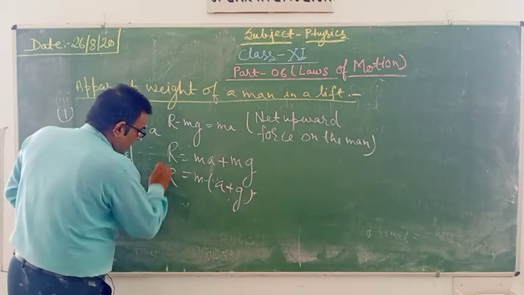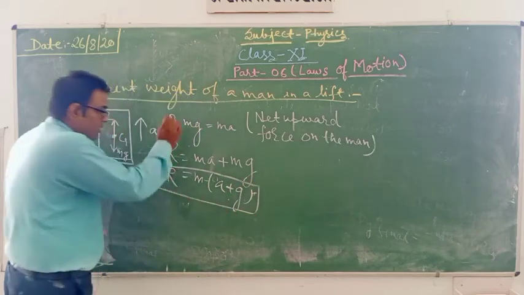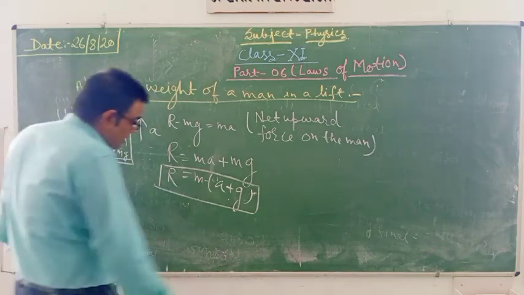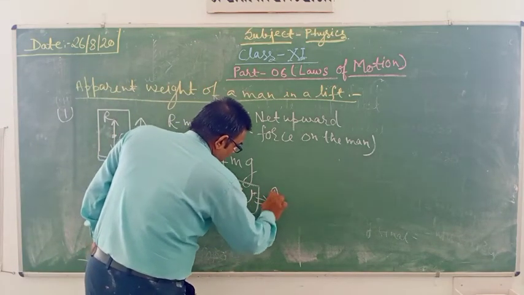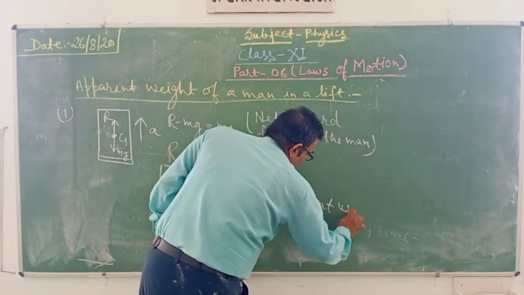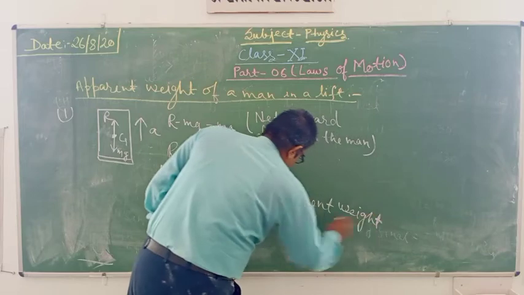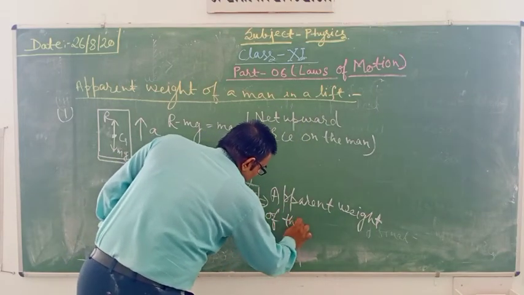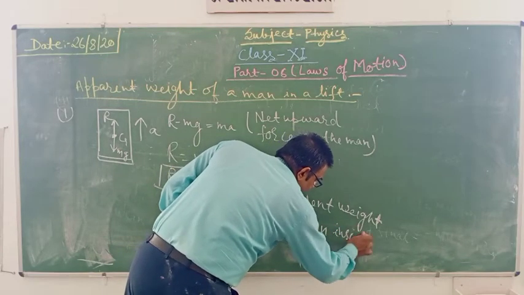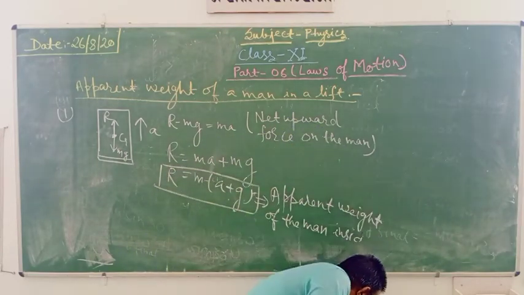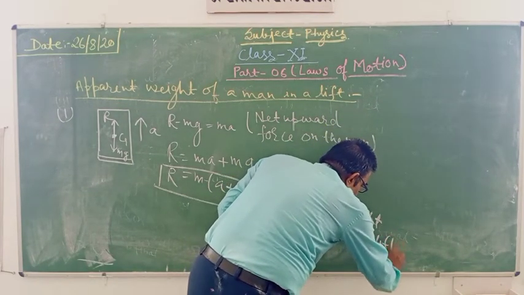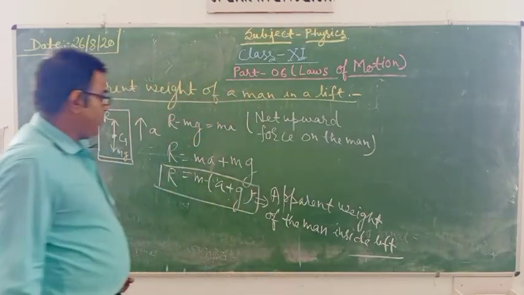The normal reaction R is equal to m(a plus g). This is the apparent weight of the man.